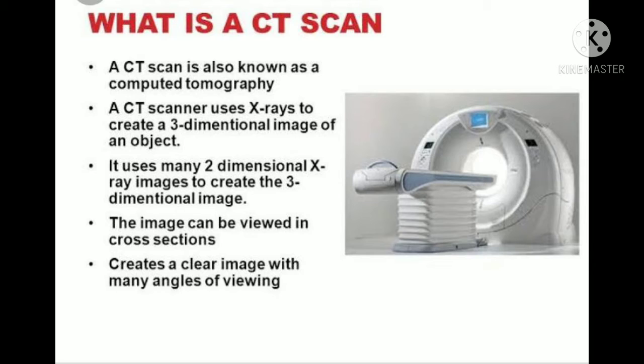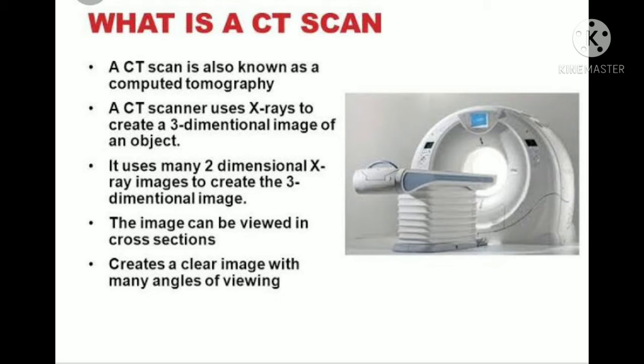Do you understand, students? What is meant by CT scan? It is nothing but computerized tomography. What is meant by tomography? Cross-sectional images are called tomographic images. Cross-section images are collected by the machine's computer.